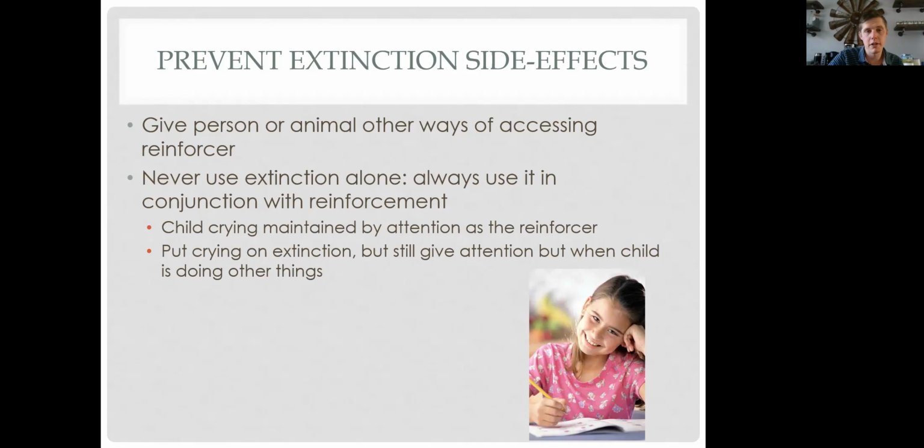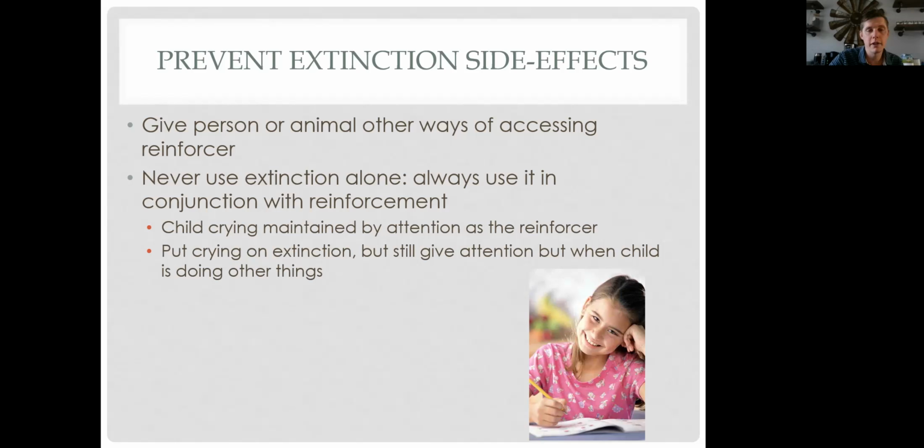The same could be for our dog if you're working on jumping up when you come through the door. If they're doing it to get attention, and now you want to put that on extinction so you don't give them attention when they jump up, you will probably see significant jumping up to begin with. That's an extinction burst, followed by emotional responding.